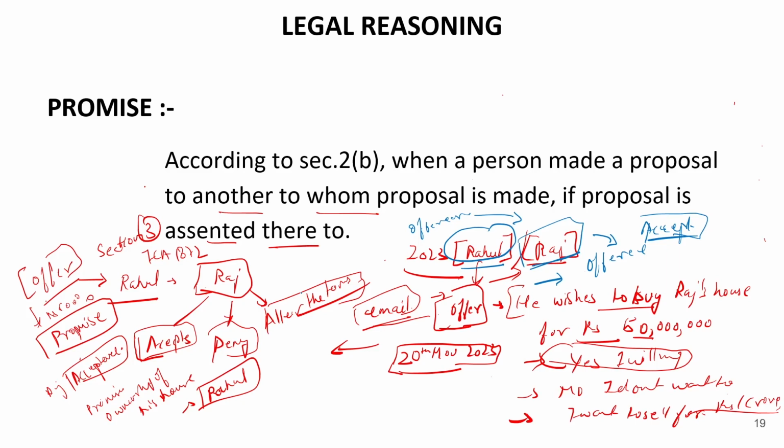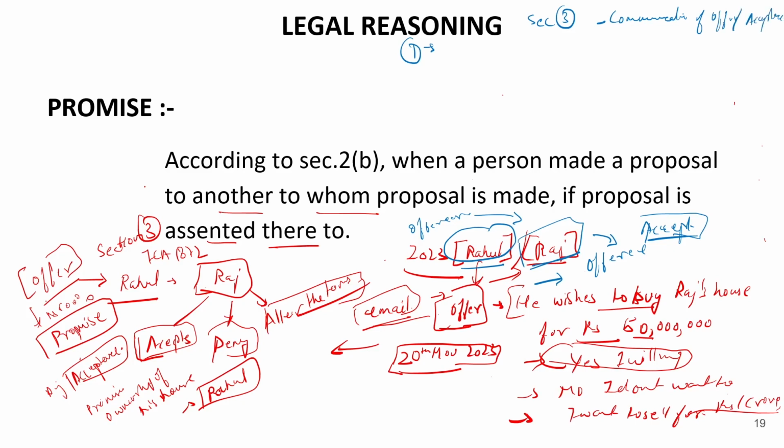So we are very clear here about the first point, under Section 3, which talks about communication of offer and acceptance. What is the need of understanding that?